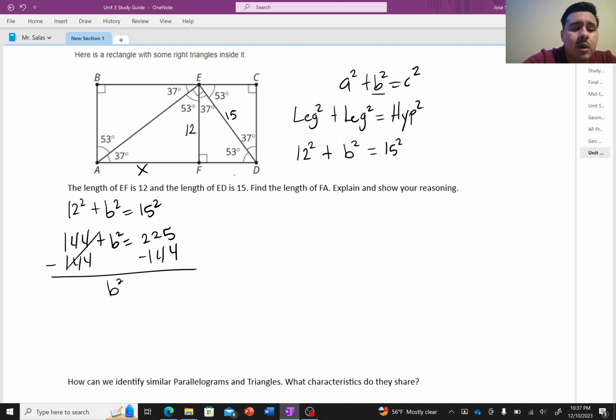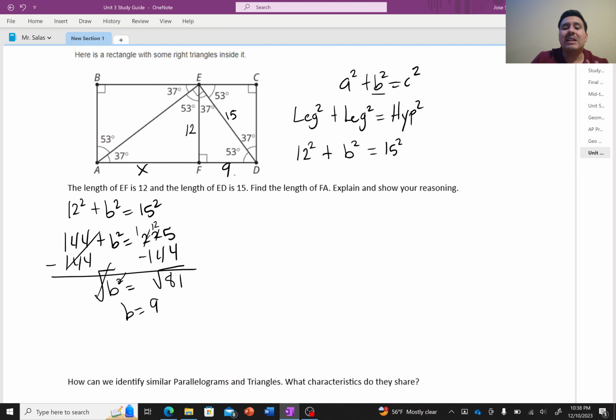I get that b squared is equal to, well, I'm going to do some light math. 5 minus 4, that's 1. 2 minus 4, I can't do that, so I'm going to borrow 1. 12 minus 4 is 8. 1 minus 1, because this turned into a 1 and this turned into a 12. It becomes 81. I take the square root of both sides. I want to get rid of that power of 2, so the power of 2 cancels out with the square root, and I get that b is equal to 9. So that means this side right here, FD, is 9.